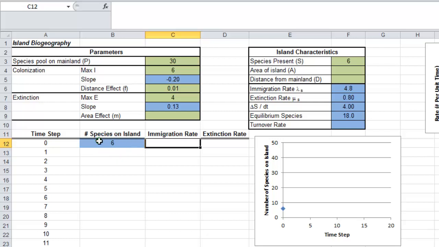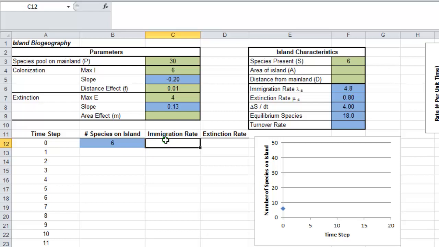So here we have 6 species. We're going to compute its immigration rate, just like we did up here, and its extinction rate, just like we did up here, and then enter an equation that would compute the number of species that would be expected in the next time step. And we already know that answer, but let's go ahead and fill these in.